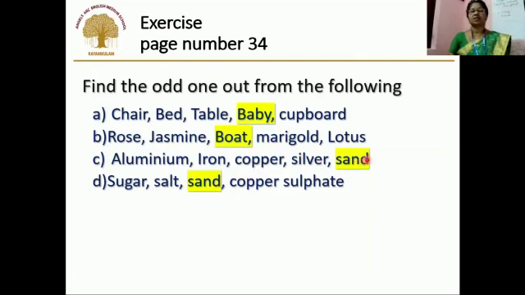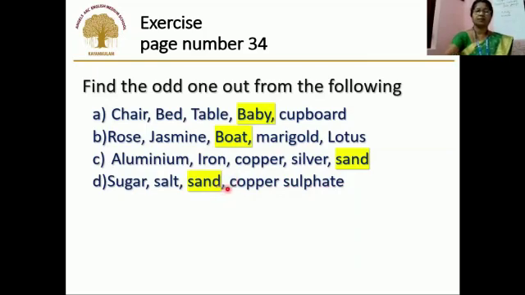Sand is not a metal, so sand is the odd one. Here, sugar, salt, copper sulfate dissolve in water; they are soluble in water. They completely disappear in water. That is why they are called soluble substances. But sand is insoluble in water.